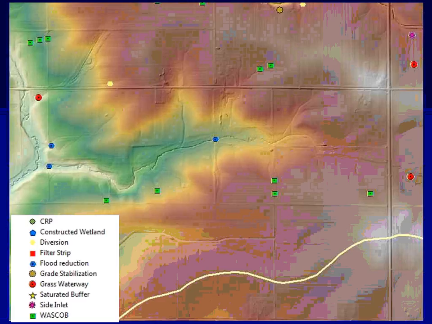Just zooming in a little bit closer. It's a lot of BMPs, but again, you notice there's a fair amount of grass waterways, but there's no cover crops. 94 is a lot. We actually need many more than that here in this situation.